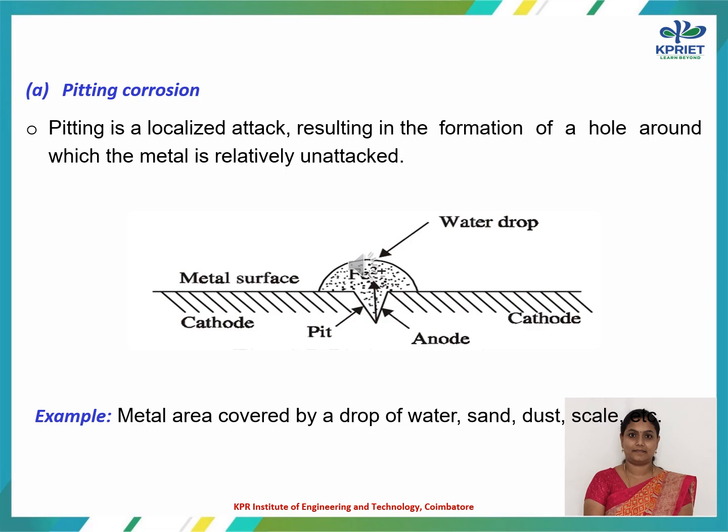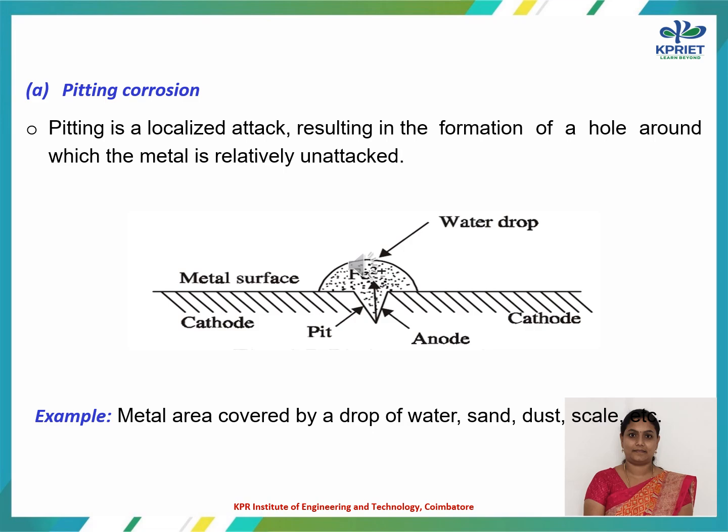Let us discuss how pitting corrosion occurs. Pitting is a localized attack resulting in the formation of a hole around which the metal is relatively unattacked. For instance, on a metal area covered by a drop of water, sand, dust or scale, the area below the drop of water will be less aerated and will behave as an anode, whereas the remaining area exposed to the open atmosphere, where the oxygen concentration is more, will behave as a cathode.